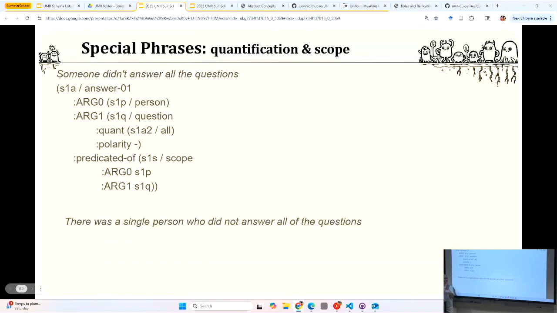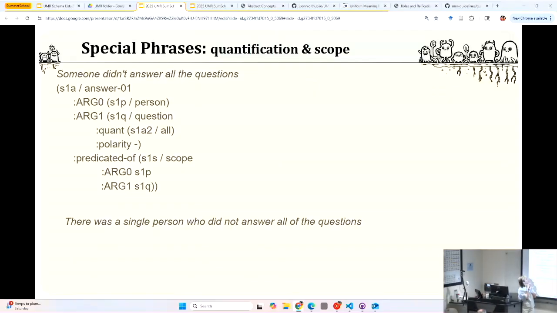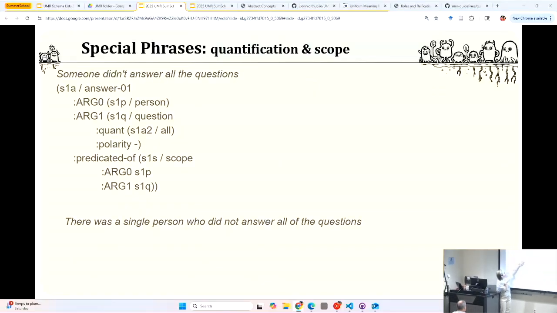Quantification and scope, I wish James was still in here. I have done very little with this, and the section in the guidelines is very short. We do have this scope concept, so if you're working on a corpus where you really want to get into detail about your scope and your quantification, you can use this.